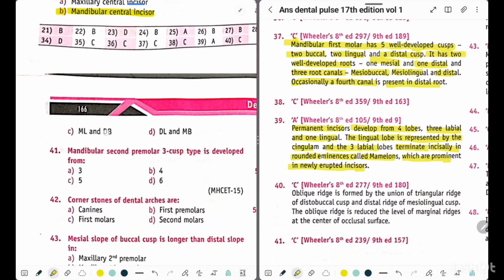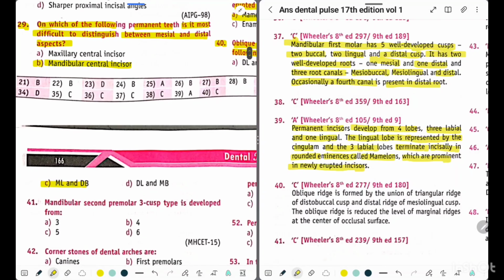Its answer is option C, mesiolingual and distobuccal. Oblique ridge is formed by the union of the triangular ridge of the distobuccal cusp and the distal ridge of the mesiolingual cusp. The oblique ridge is reduced to the level of the marginal ridges at the center of the occlusal surface.